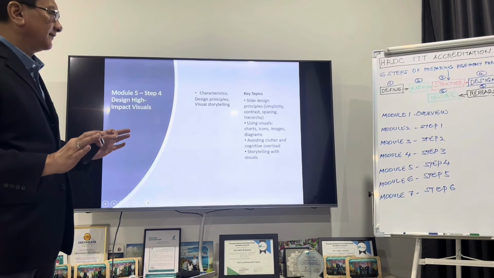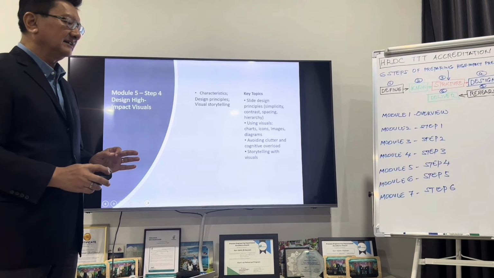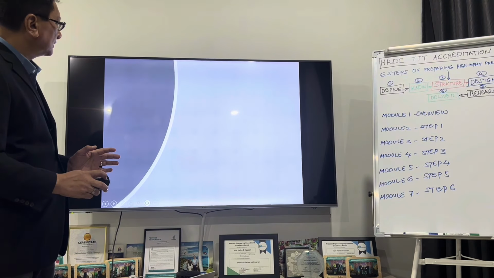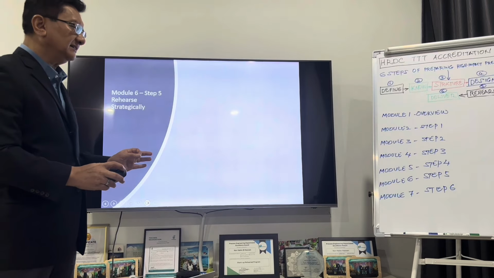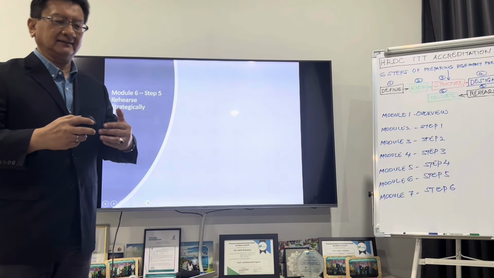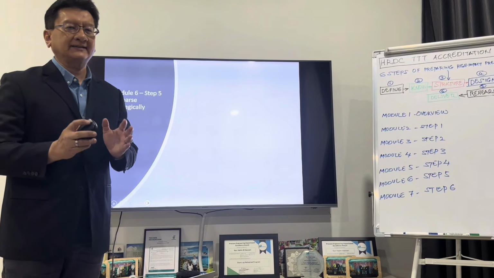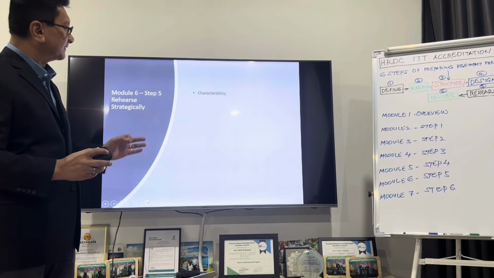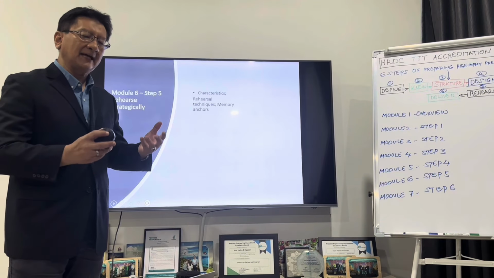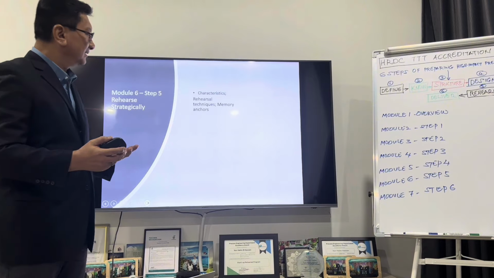So we have covered module 5, step 4, and now we can go to module 6, step 5: rehearse strategically. How about rehearsal? We need to rehearse, we need to practice, because practice makes perfect. What are the characteristics of this rehearsal step? First, we need to know our rehearsal technique, the memory anchors.